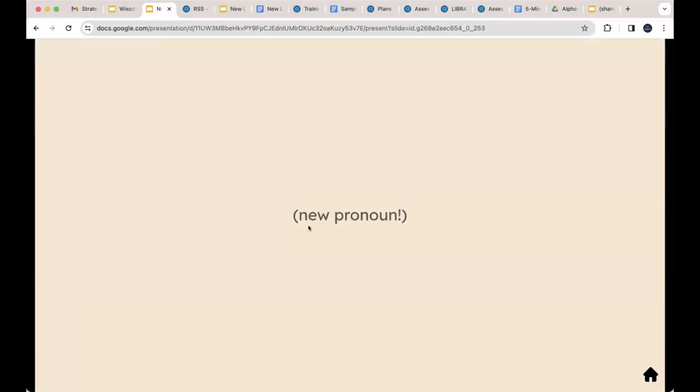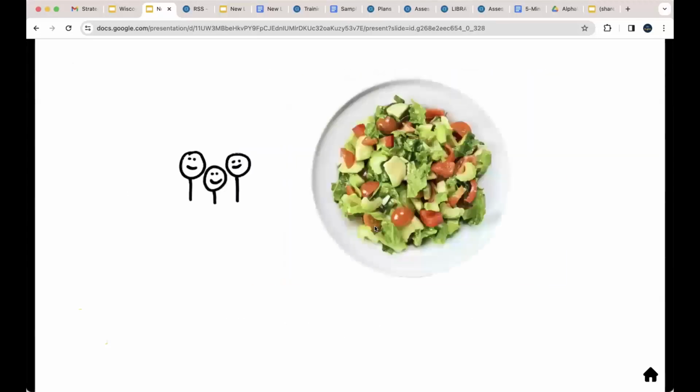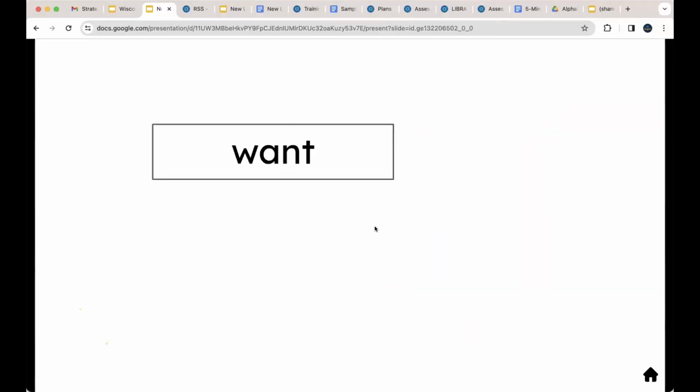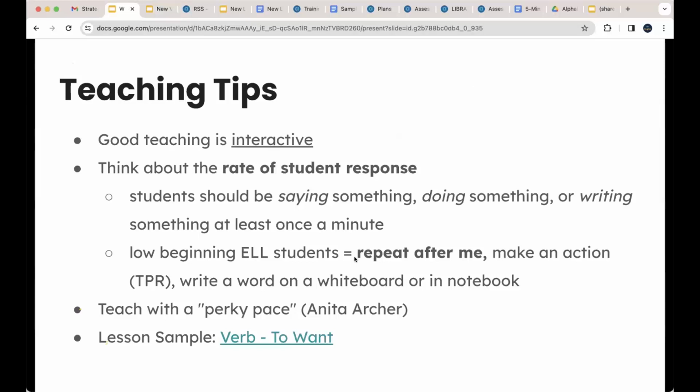Now we'll change to a new pronoun and do a similar set of words. Later in the lesson, we add in don't want. Here's don't want. A hand motion for don't want might be like waving something away. All right. So that's an example of how you can get students to be responding really, really regularly during your teaching.